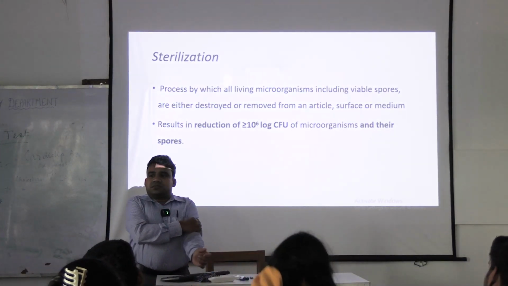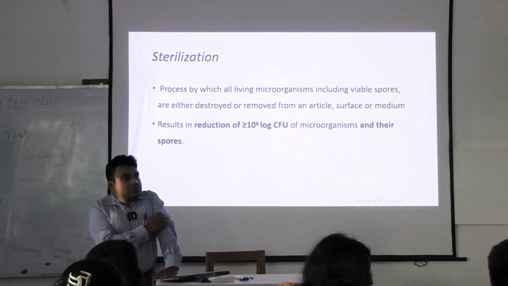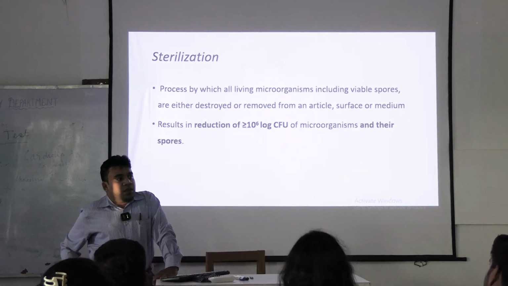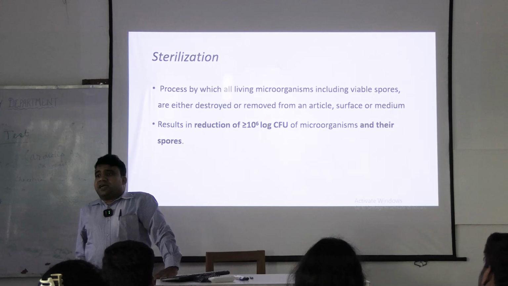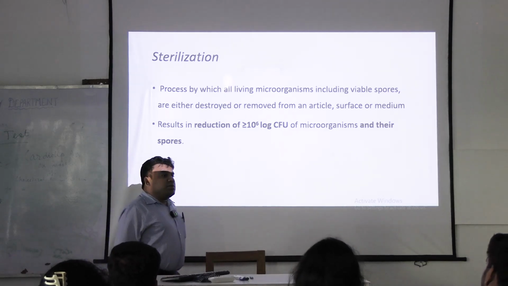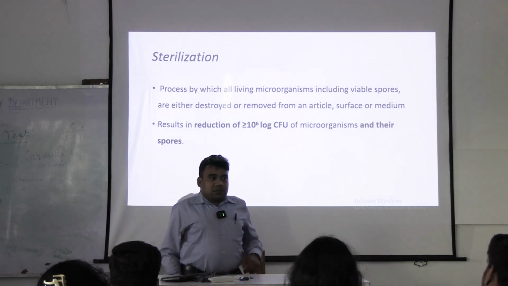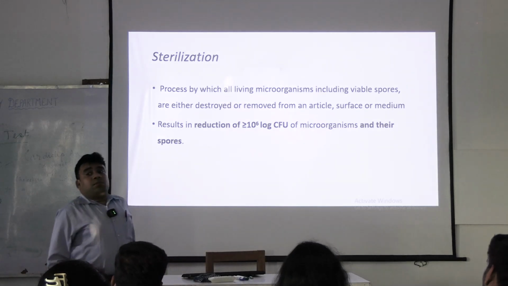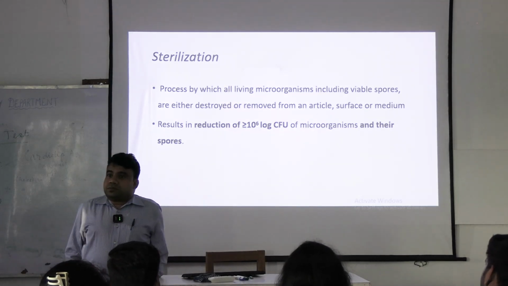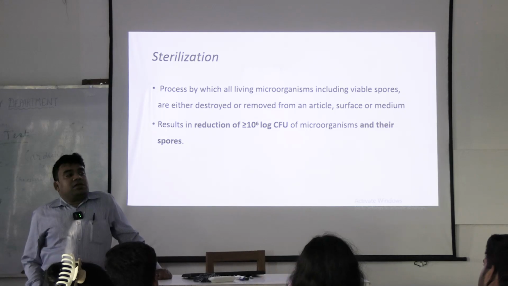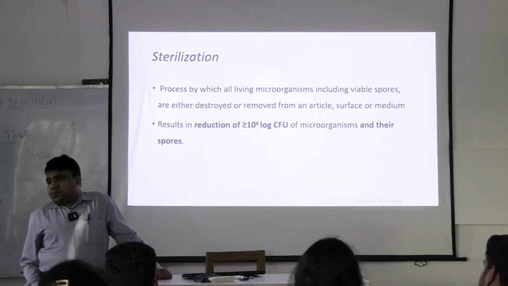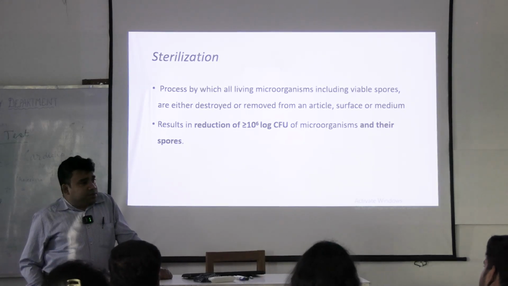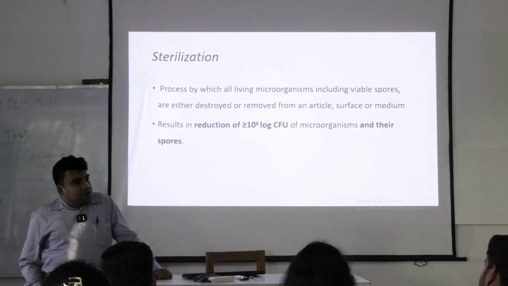This is basic mathematics. So that means by at least 10 to the power 6 log scales, the number of bacteria should reduce. So effectively, if there is 10 to the power 6 organisms before the process, none of the bacteria should live. Right?